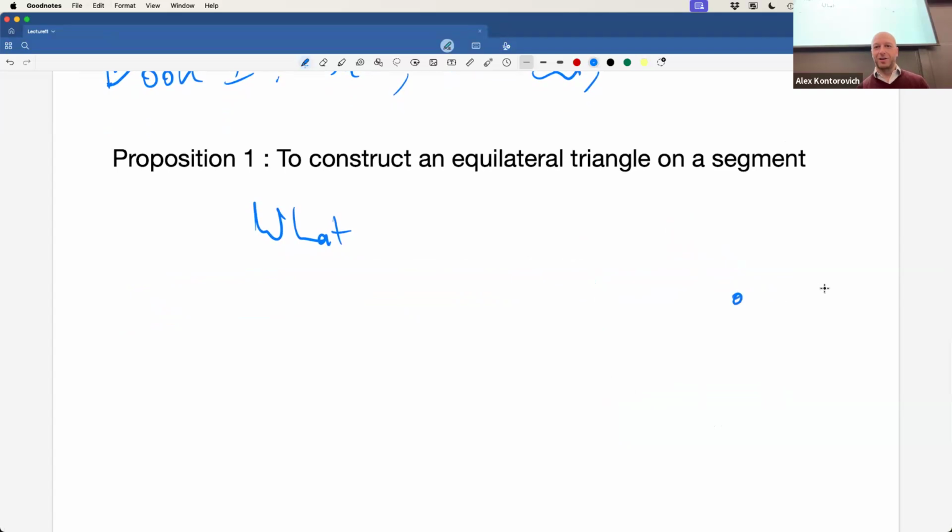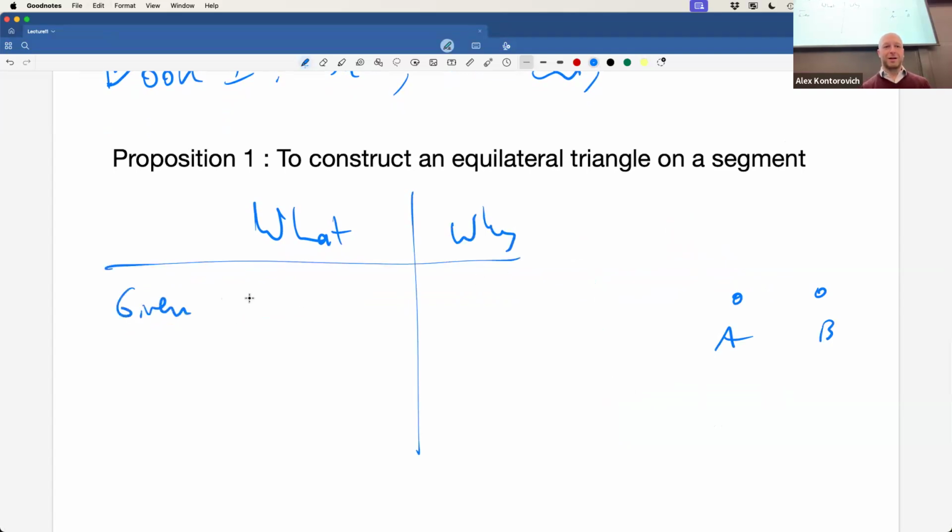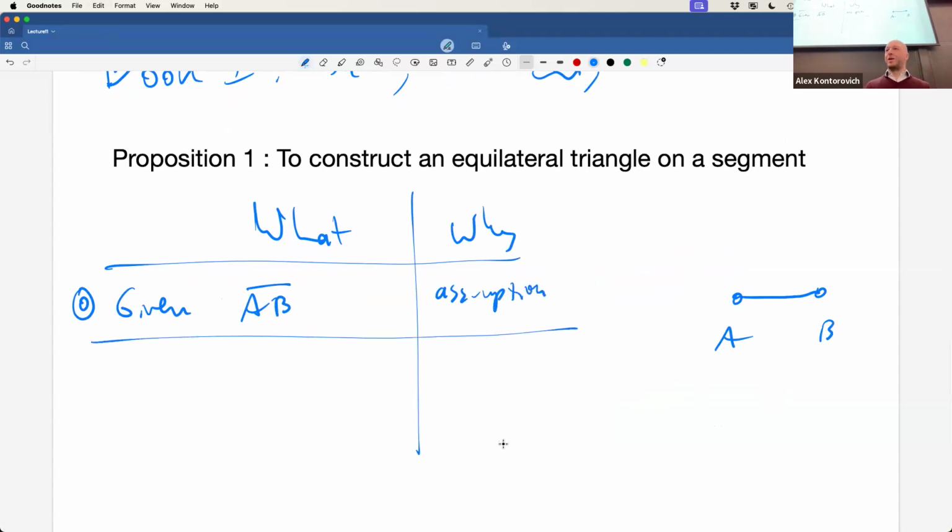Here's a picture, our little segment with endpoints A and B. We're given A and B and the line segment between them. Why are we given that? This is step 0: it's an assumption. Step 1: what does Euclid say? How are we going to construct an equilateral triangle?